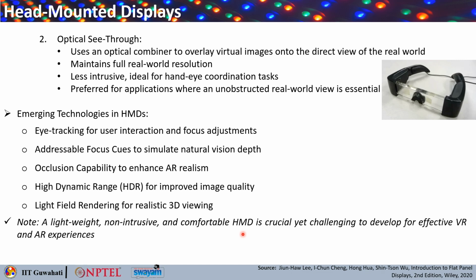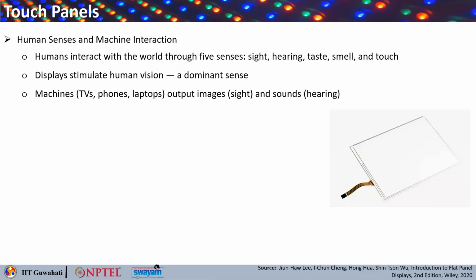Finally, we will look into touch panels also, which are not directly display technology, but they also play a very important role, because this is where the human senses and the machine interact. Humans interact with the world through 5 senses, we all know: sight, hearing, taste, smell and touch, and displays stimulate human vision.